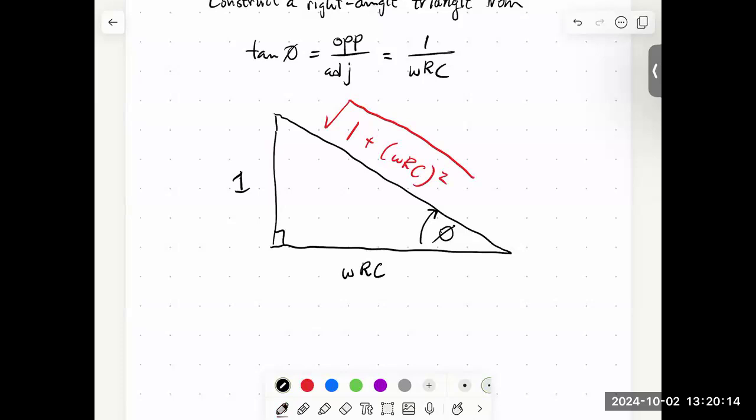Okay, well, now I can calculate cos and sine, right? Cos is going to be what? Adjacent divided by hypotenuse.